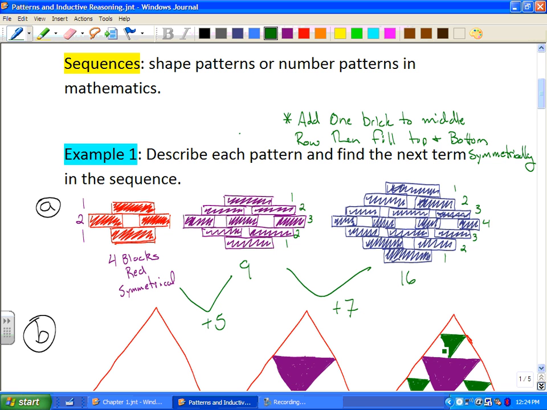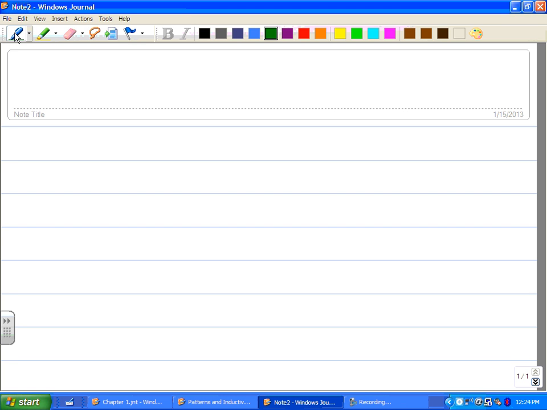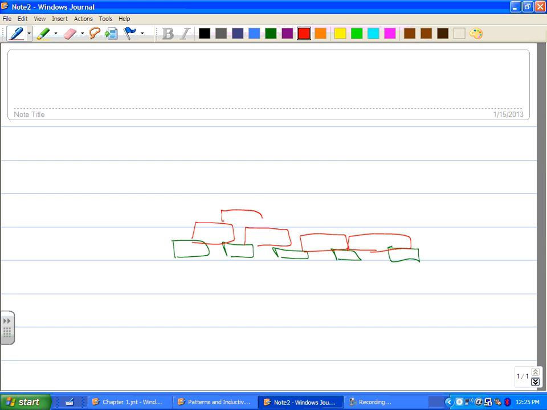Let's go ahead and draw the next term. All right, I would have how many going across the middle? All right, so I have 5 going across, and then I have 4, and then 3, 2, 1, and I do the same thing going down.